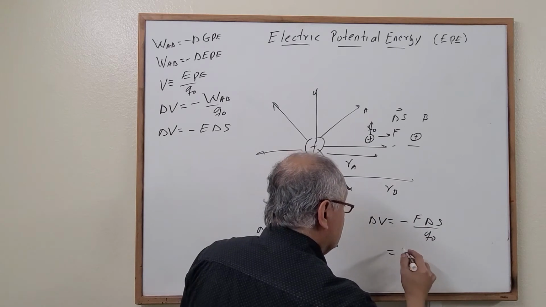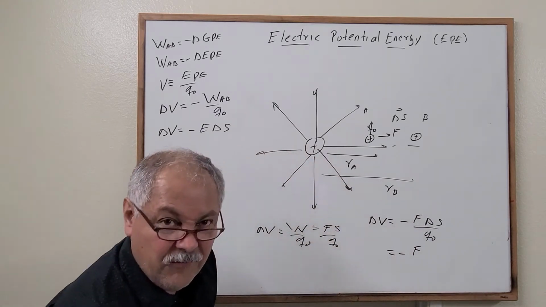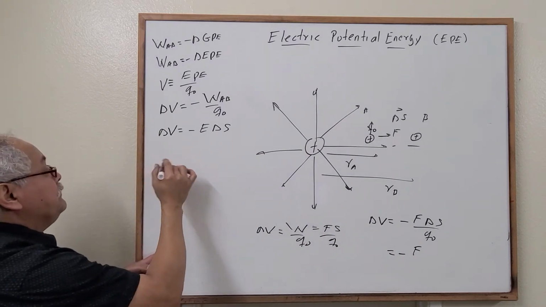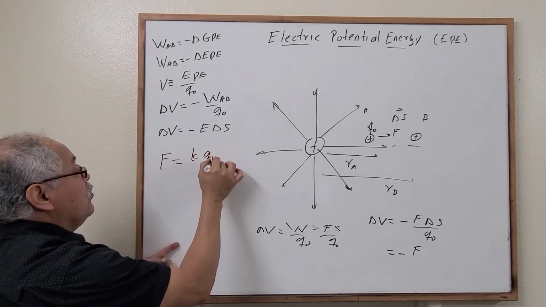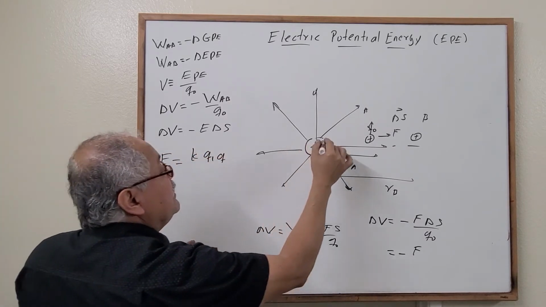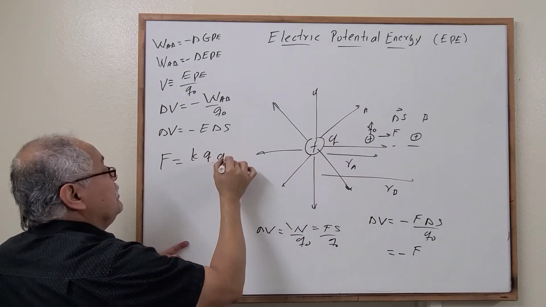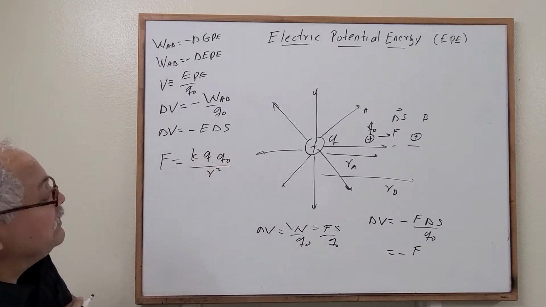And what is delta S? It's equal to negative force. And what is the force? For the force we use Coulomb's law: force is equal to K Q1 Q2. In this case it's Q times Q naught divided by R squared. Correct?